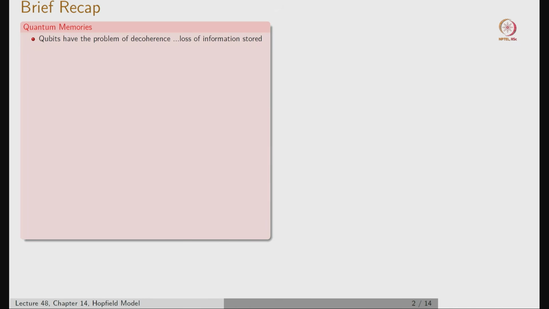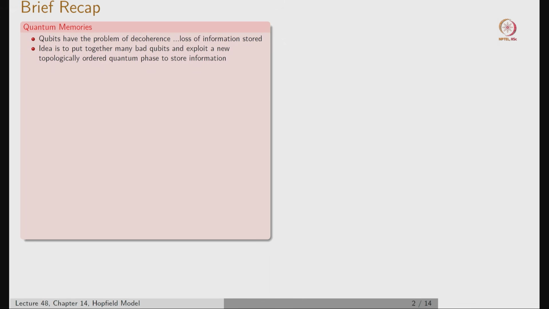We are in our final chapter, and in this chapter we have already discussed quantum memories. Just to briefly recap those ideas, we want to use qubits for quantum information processing, but there is a problem of decoherence.